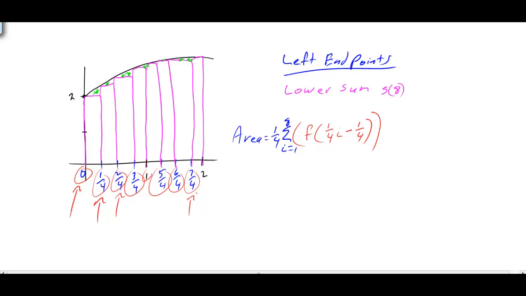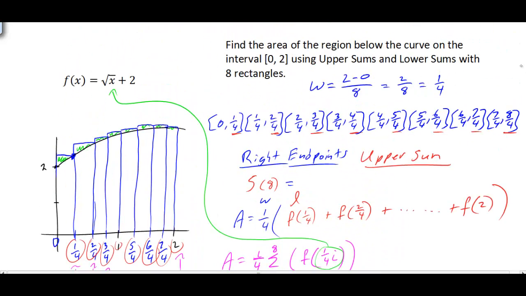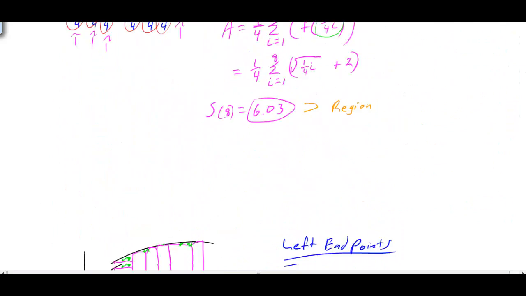So here again, we're going to take and plug the 1/4 i minus 1/4 into our function. So we would end up with the area is 1/4 the sum of i equals 1 to 8. And if we plug this into the function we had, our function is the square root of x plus 2.